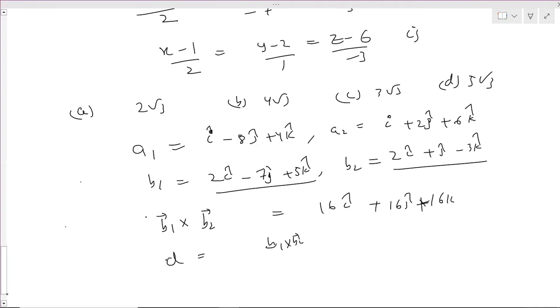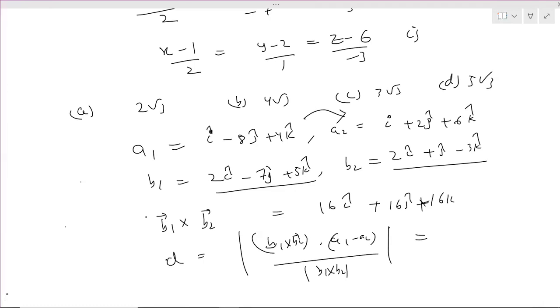P1 cross P2 dot A2 minus A1 upon P1 mod. All right. So now you can just subtract these two and you will get the answer very easily. So 16, this I can write i plus j plus k, dot this minus this.